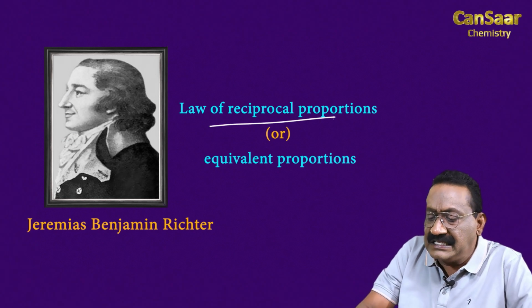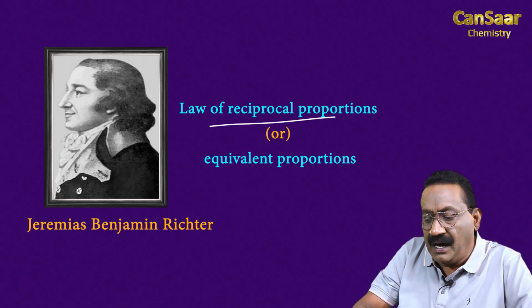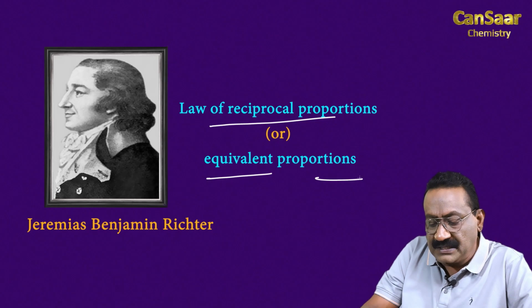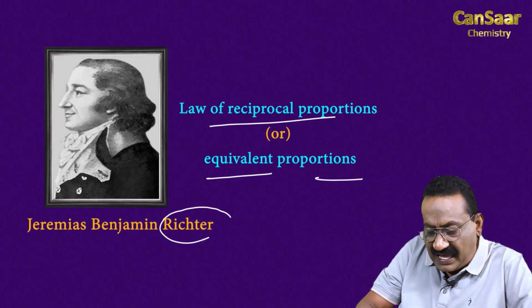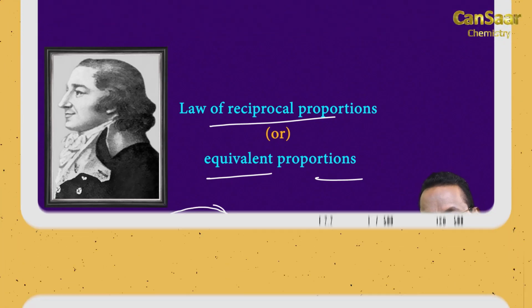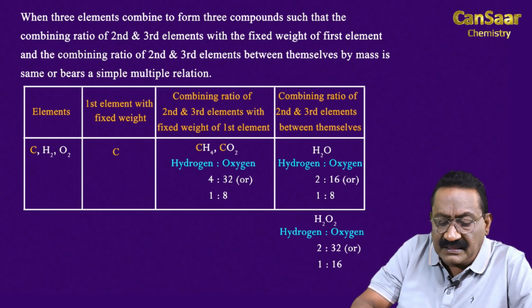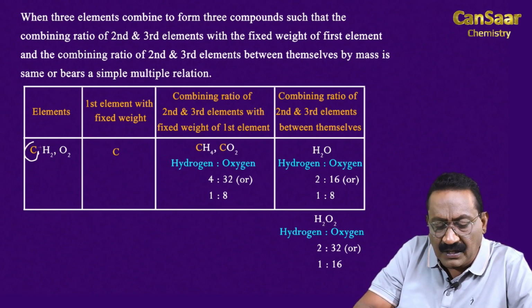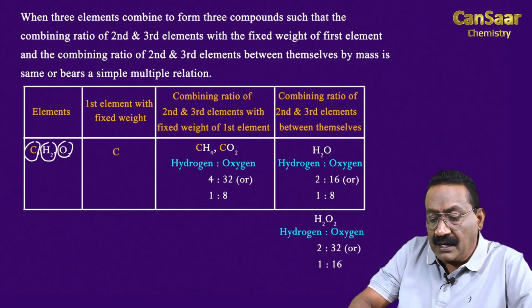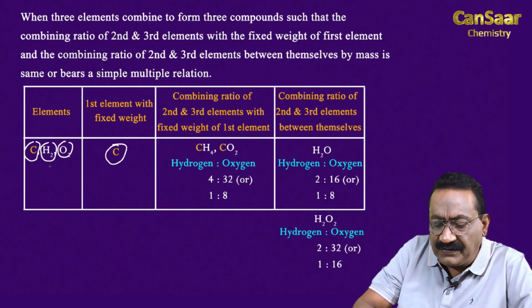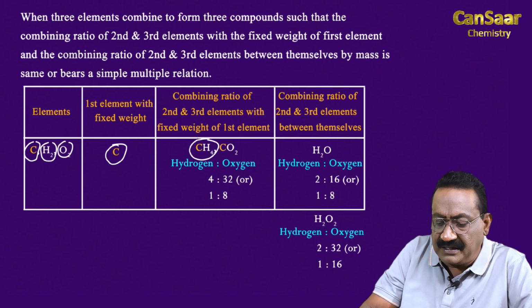Law of reciprocal proportions or equivalent proportions given by Richter. Here three elements, for example carbon, hydrogen and oxygen. Carbon can combine with hydrogen forming methane.